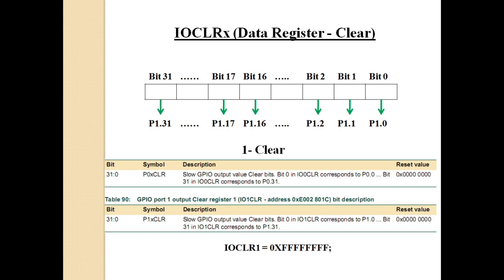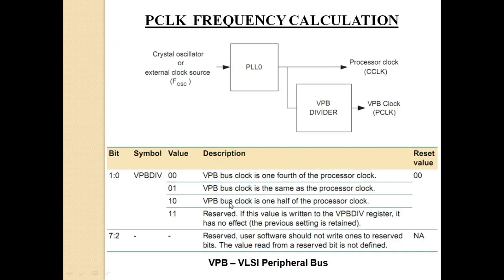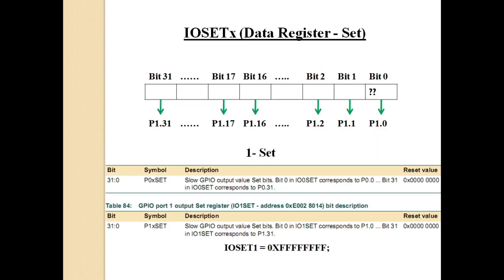That PCLK is 1 by 4th of CCLK. By default CCLK is 60 megahertz, so PCLK will be 1 by 4th of 60, that is 15 megahertz. So your GPIO peripheral is operating at 15 megahertz frequency.